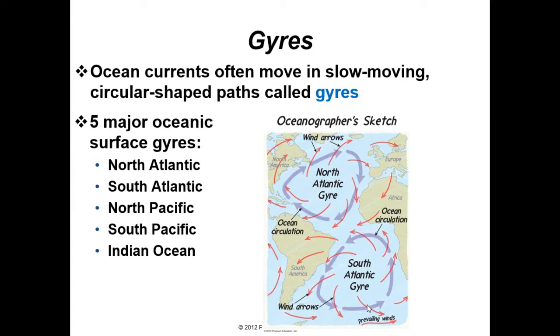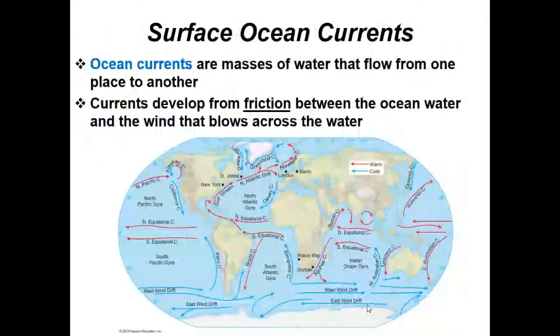But in terms of oceanography, gyres are basically slow-moving circular paths of water. So we have ocean circulation occurring in big, huge circles. Here's a good example in the North Atlantic. This is a gyre, one of those huge gyres.